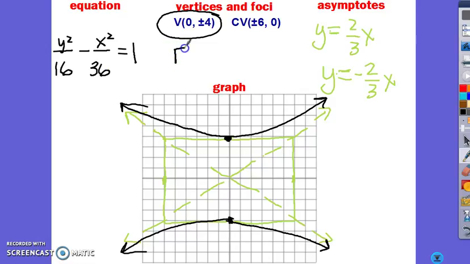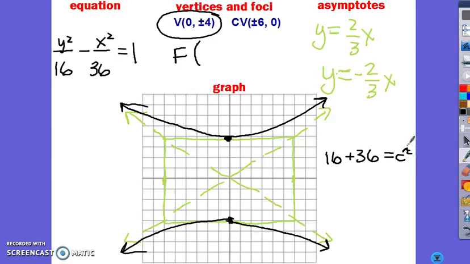I guess we should find our foci. This time the foci are going to be on the y-axis because they have to be inside the little dish. So a squared, and honestly it doesn't matter which one you call a, but technically I suppose it should be the 4 squared plus the 6 squared equals c squared. A squared plus b squared equals c squared.